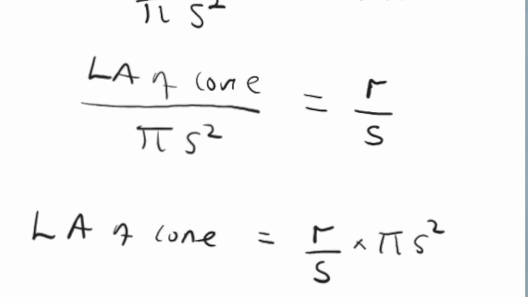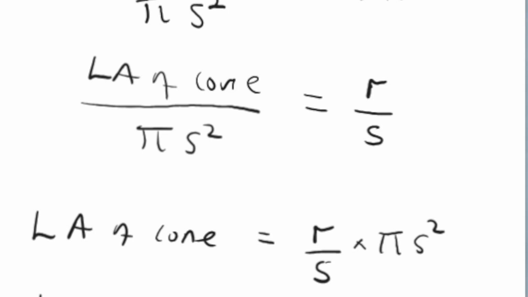So we can now do some cancellation here. S will cancel one of the s, and then we're going to have pi r s is equal to lateral area of the cone.